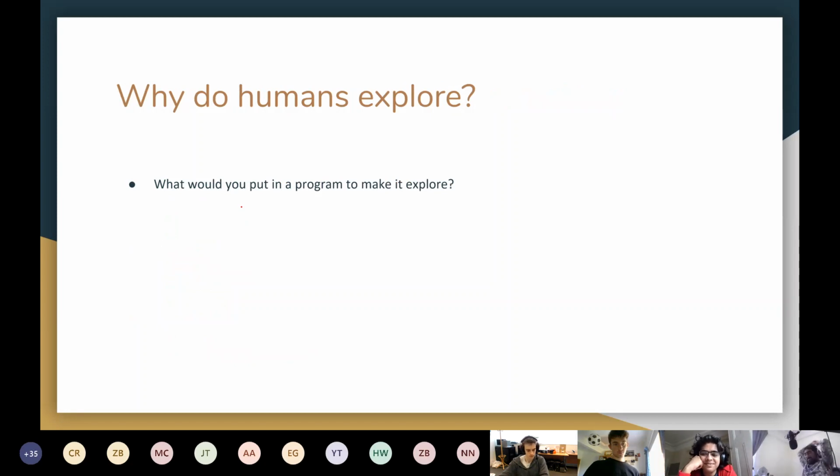So another reason I find this really interesting to think about is, we want to come up with a way of getting a program that will decide to explore on its own. And I think a really good way of getting this to happen is by giving a program a sense of curiosity and novelty. You just tell it new things are cool.